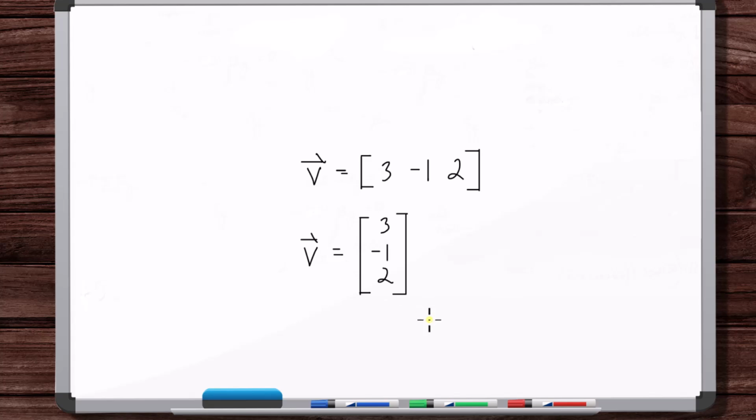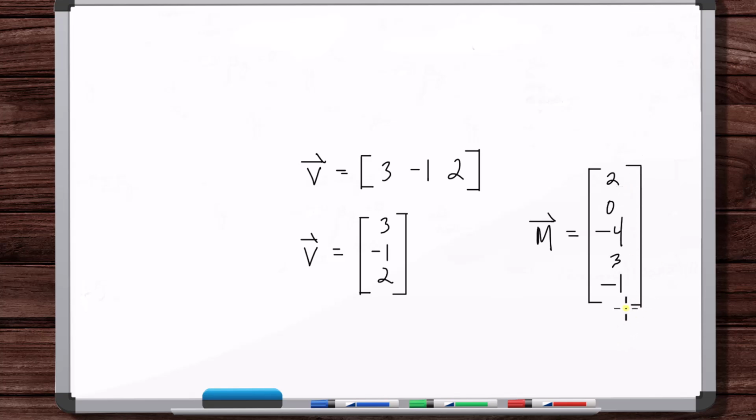But what you can see is that with this method of representing a vector, we can have any dimension of vector. We could have a 5-dimensional vector. This is a 5-dimensional vector in column vector form, but you can write it in row vector form.